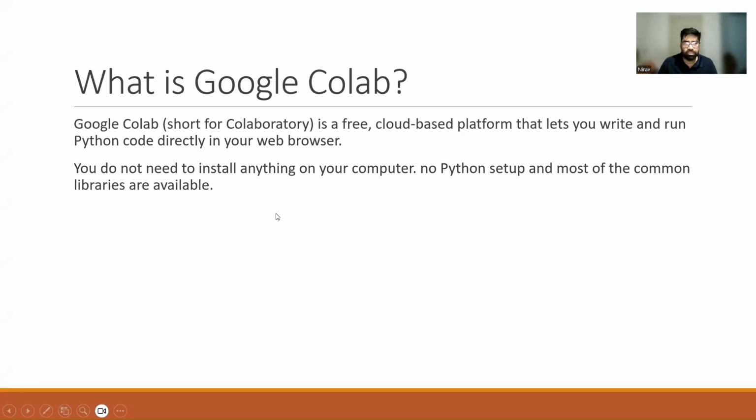By the way, it does not only support the Python language, it supports two more languages, R and Julia. R is mainly used for statistical computing, and Julia is for numerical computing. But we will focus on Python code in this video.